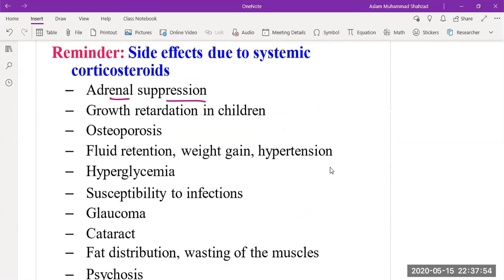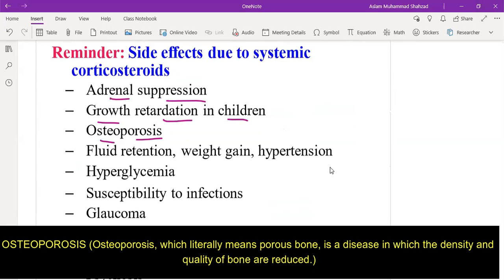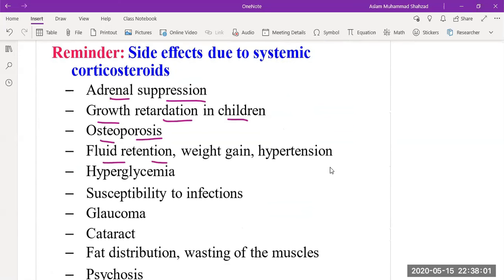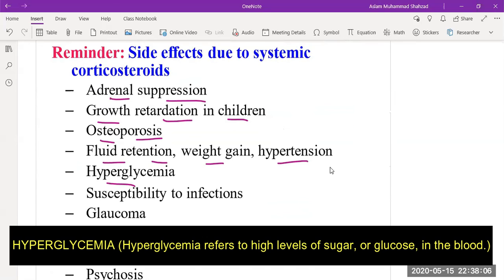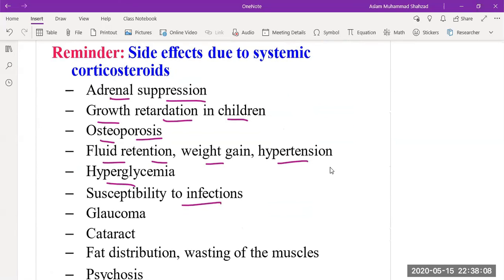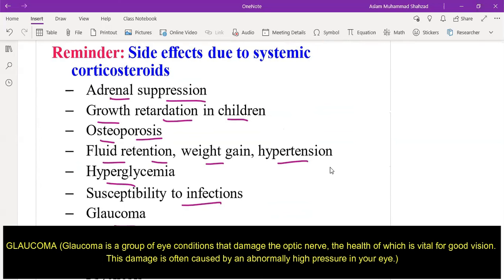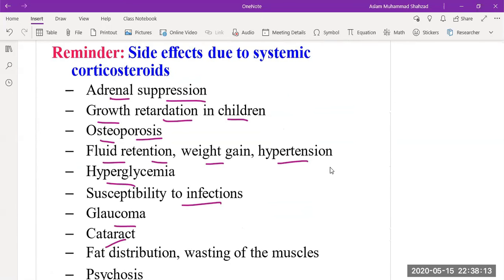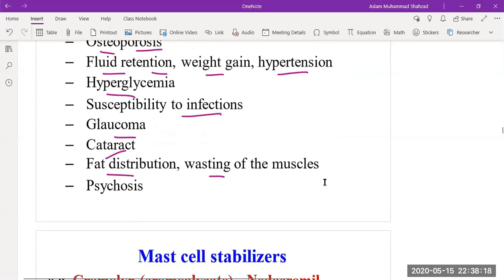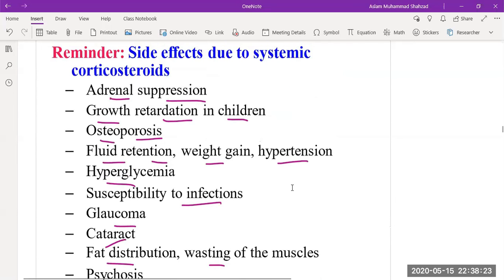Then it leads to growth retardation in children. Osteoporosis also occurs. Then fluid retention, weight gain, and hypertension occur. Hyperglycemia, susceptibility to infections, glaucoma, cataract, fat redistribution and wasting of muscles, and psychosis could occur. So there are a lot of side effects. That is why they are given as an inhalant, to minimize the side effects.